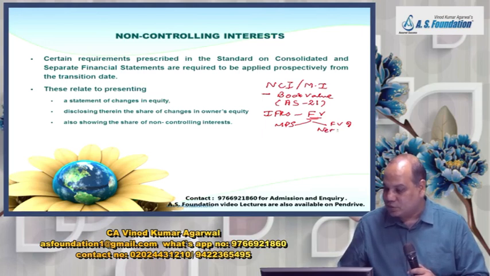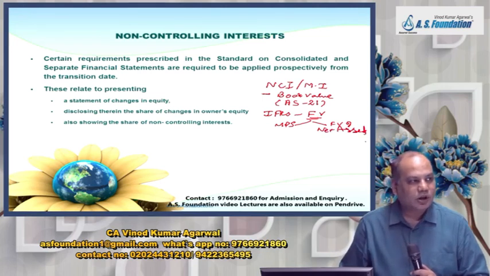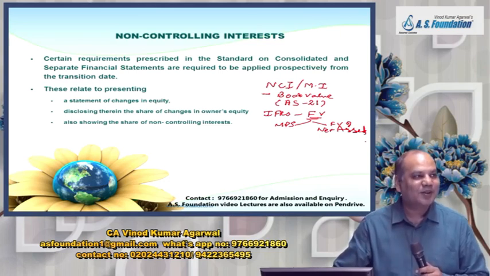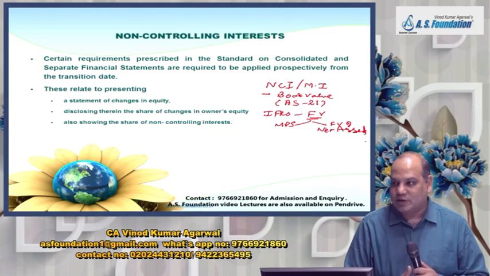Now suppose a subsidiary was acquired 10 years ago. Are we supposed to go to that 10-year-ago situation and find out what would have been the fair value of NCI? Difficult task.